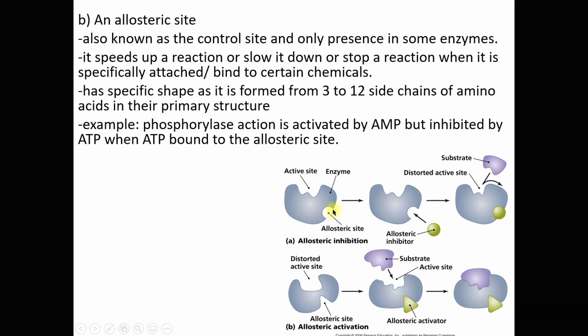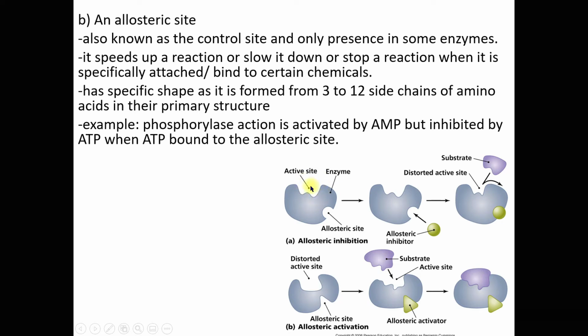Now in allosteric inhibition, when a certain chemical attaches to the allosteric site, that particular enzyme will not break down the substrate that is already attached to the active site of that enzyme.